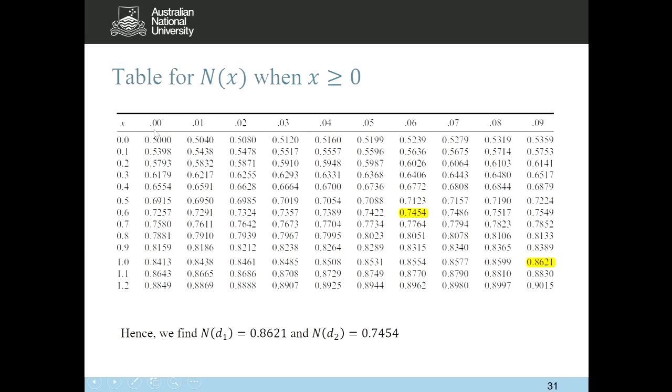The way you look it up is first we look down to 1, and then we look across to the right, all the way to 0.09, so that's 1.09. The 1.09 corresponds to a probability of 0.8621. So we write down N(d1) is 0.8621.